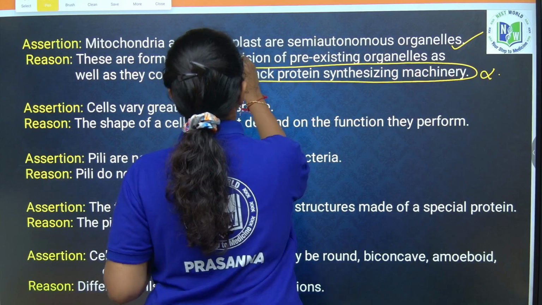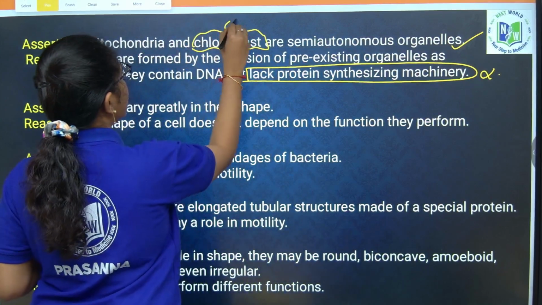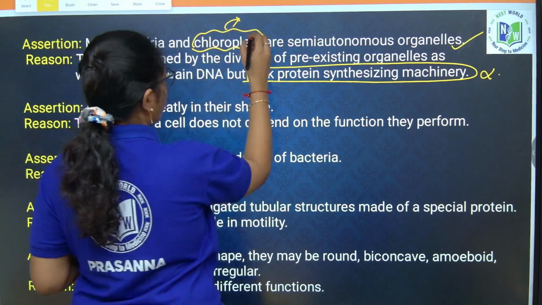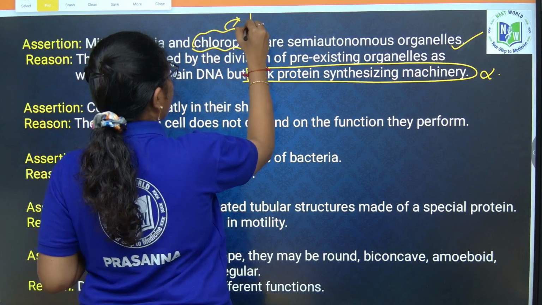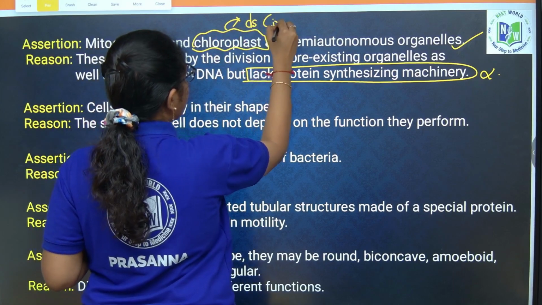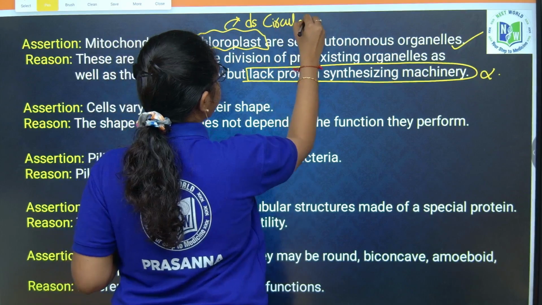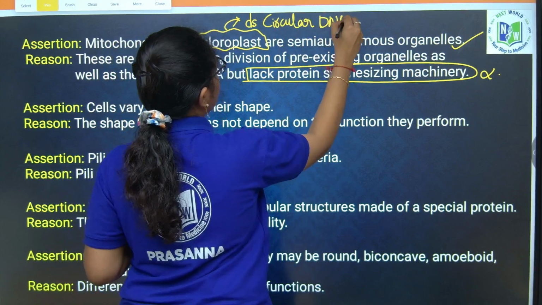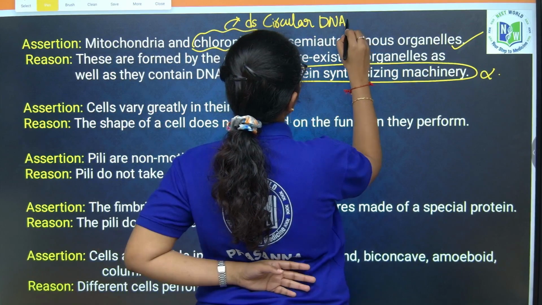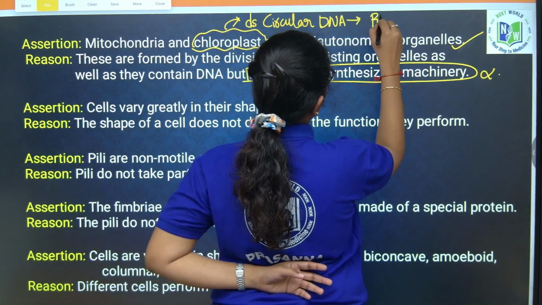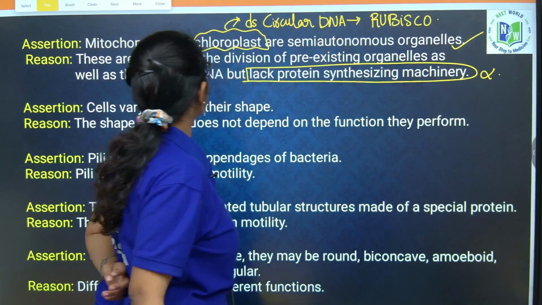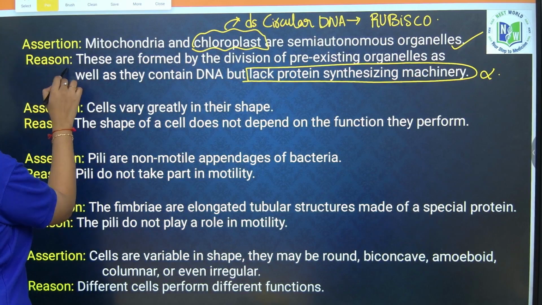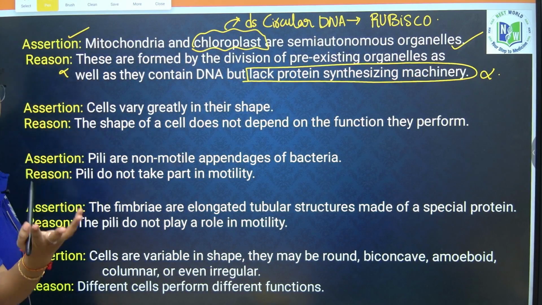Chloroplast, I already told you, will synthesize the world's most abundant protein. Chloroplast will have what DNA? Double-stranded circular DNA, and it will synthesize the world's most abundant protein, that is what? Rubisco. Okay. True. So yes, here the reason is false and the assertion is correct. Then what will be our option?